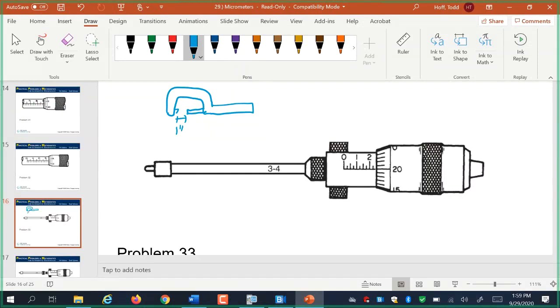Well, for these depth gauges, rather than having different actual micrometers, they have different extensions. This is a 3 to 4 inch extension, which is telling us that this measurement starts out at 3 full inches. Then we read the barrel.